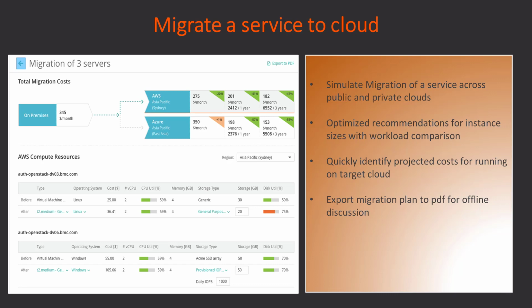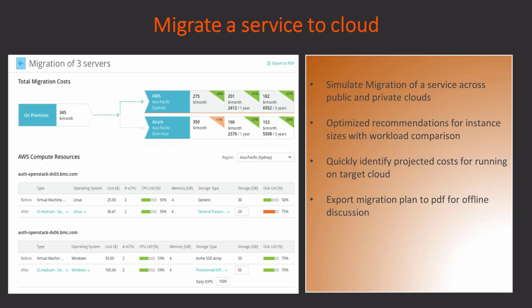So when we're making the simulation, we make a recommendation on the type and size of the public cloud service based on the on-prem size and historical trends and utilization. In addition, this allows you to help optimize the recommendations for what instance sizes you need in the cloud and comparing the workload for those different instance sizes.